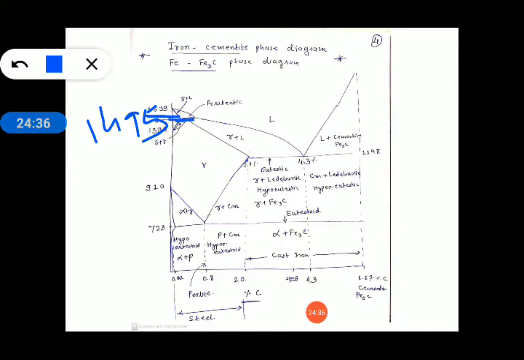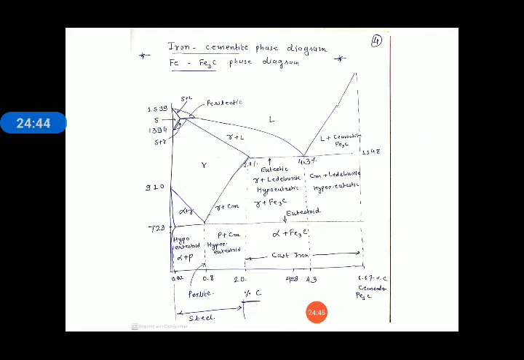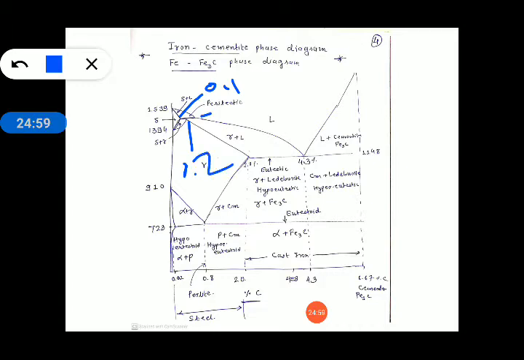Here the carbon percentage is 0.1, here 0.2, and here the carbon concentration is 0.5.